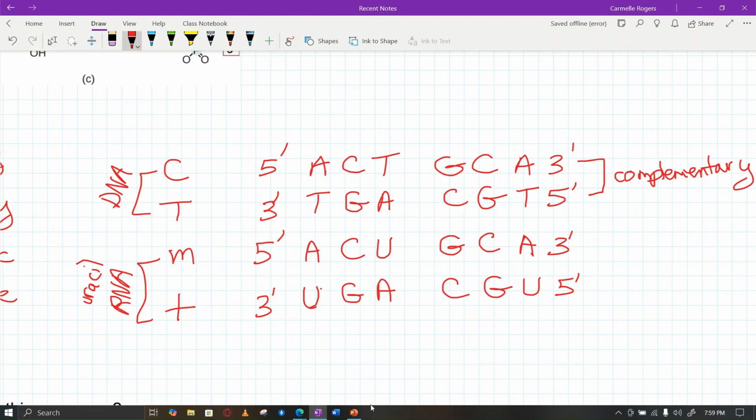Coding to template is complementary. Template to mRNA is complementary. And then the mRNA to tRNA is complementary.